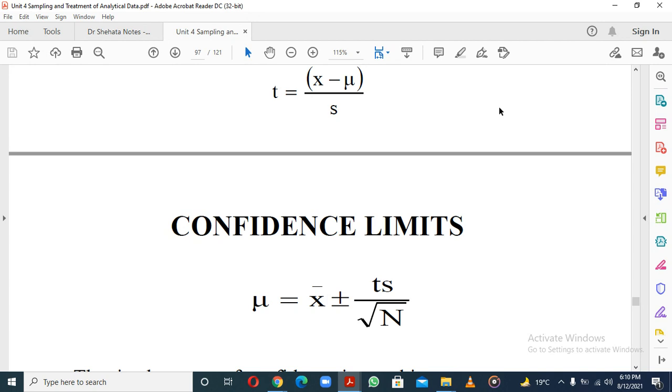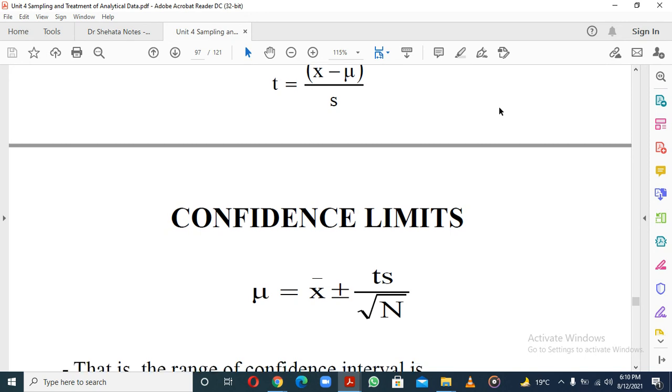But some other times they can give you the t, which is the student t-test value. They can then give you the standard deviation, and they can give you the mean. And you've got the number of measurements, let's say seven. Then they ask you to calculate the what? The population mean. Okay?